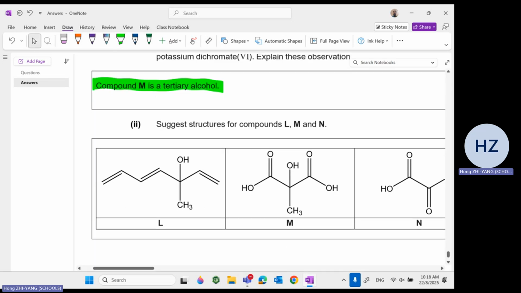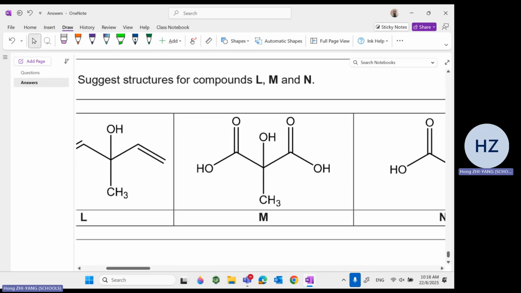If you look at the formula for M, it is only C4H, I think 6, 1, 2, 3, 4, 5. There's not enough hydrogens to play with. So this is the only answer together with the tertiary alcohol hint. So I would say that M is quite easily gotten, to be honest. This is how you should get M.